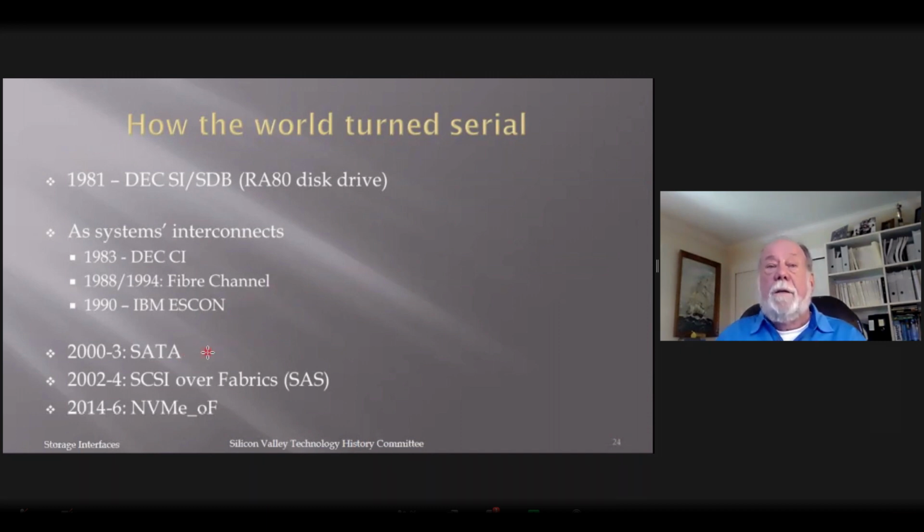But we started seeing in the device world first SATA. The spec started in 2000 and then got published by 2003. That's sort of the methodology I use here. As far as I can tell, parallel interface drives ceased being manufactured sometime between 2011 and 2014. So if anybody here has any better dates, I really would appreciate them.